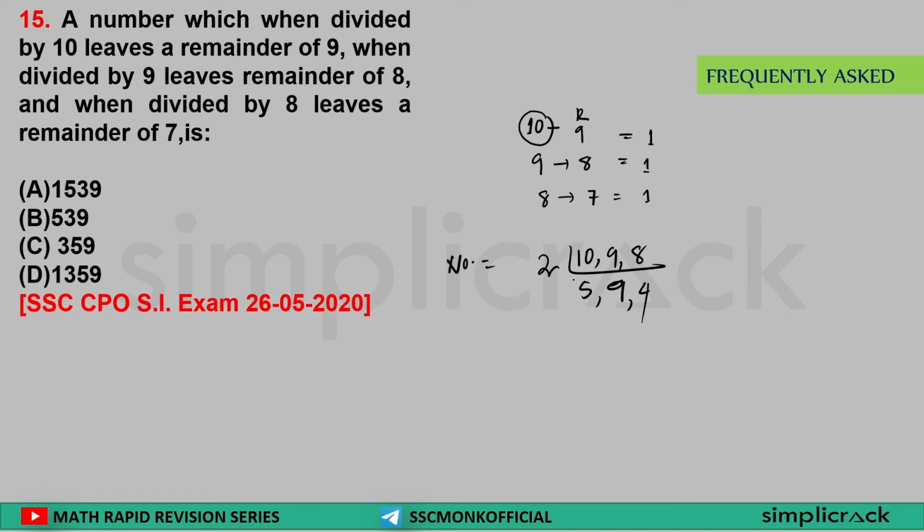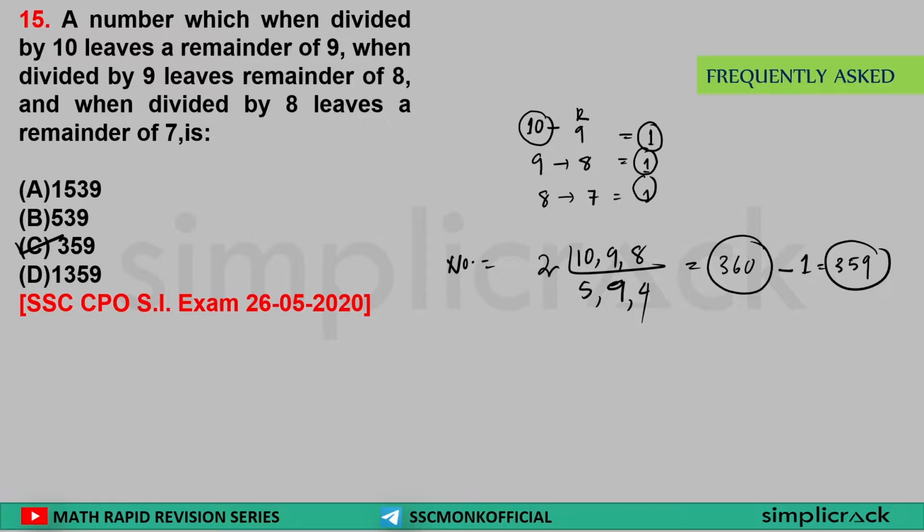It cannot be further divisible. 2 fives are 10, 10 into 9 is equal to 90, 90 into 4 is equal to 360. Yes or no? Yes. Sir, 360 is the number. Now if 360 is the number and we are getting the difference of 1 in each case, then the number will be 360 minus 1, that is equal to 359. So my answer is 359.